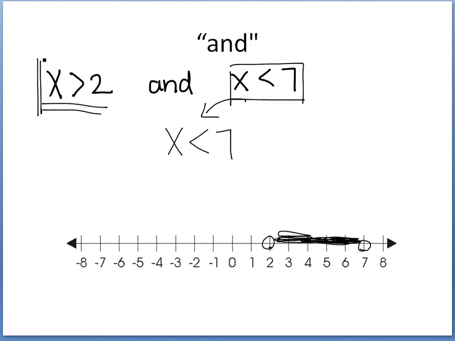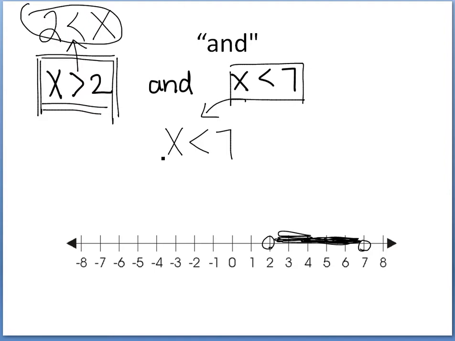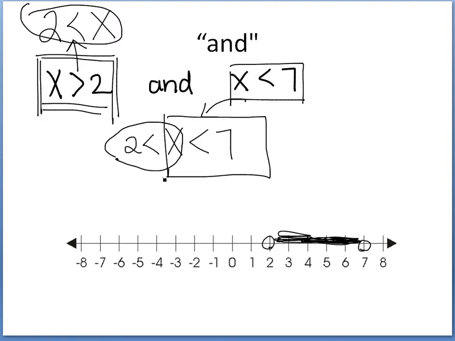Now this one, you guys know from the last video that I can switch this around. And when I switch it around, this sign has to change. The reason I want to do that is because now that 2 is less than x is going to glue together with this other one, which is x is less than 7.